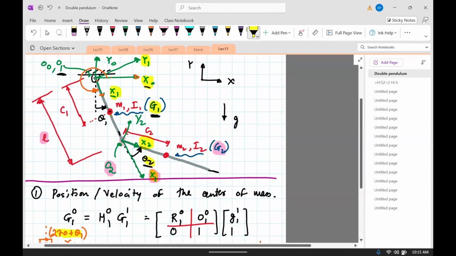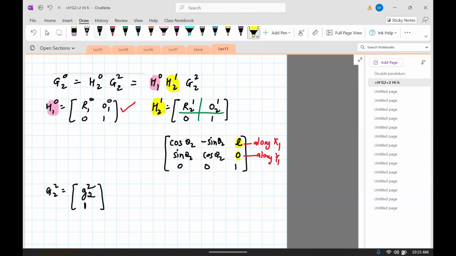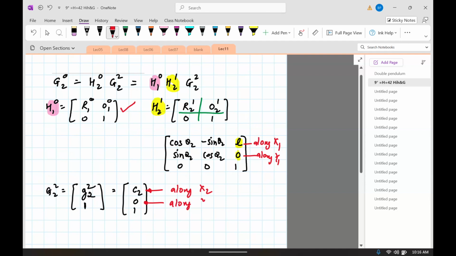You can see that it is basically just C2 along x2, and then the distance along the y2 axis is 0. So we have C2, 0, and 1. This is the distance along x2, that's the distance along y2, and this 1 is just a placeholder.